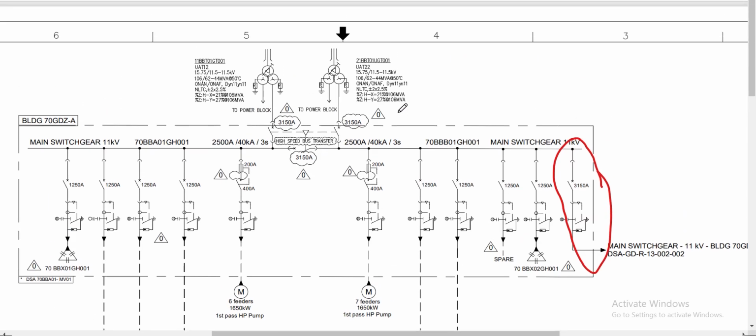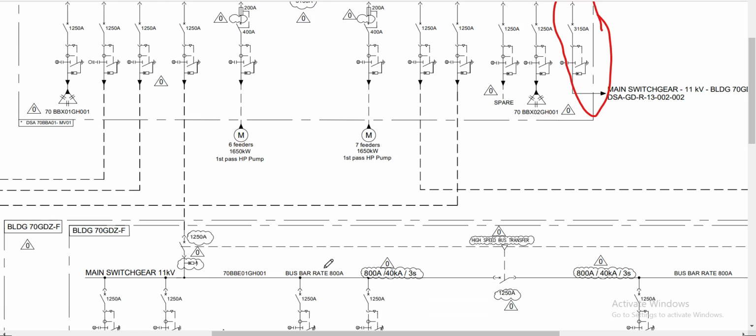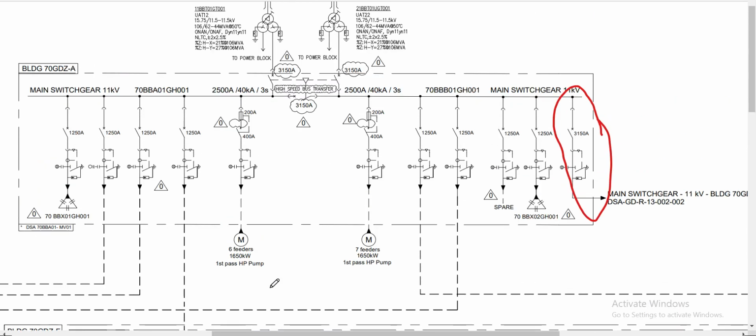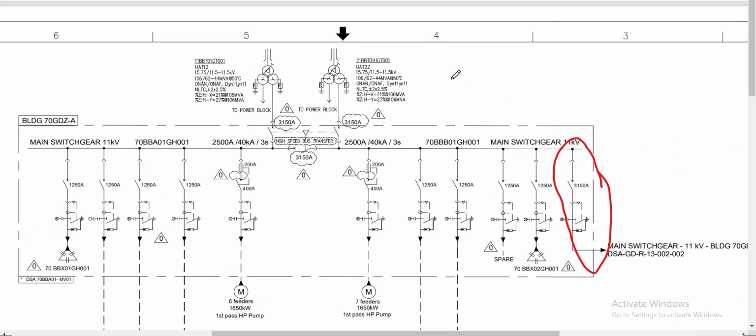Because each of these buildings has two power sources or two incoming feeders. So if you check from here going to building F, we have a total of 4 different power sources. The design was made to have a robust connection.